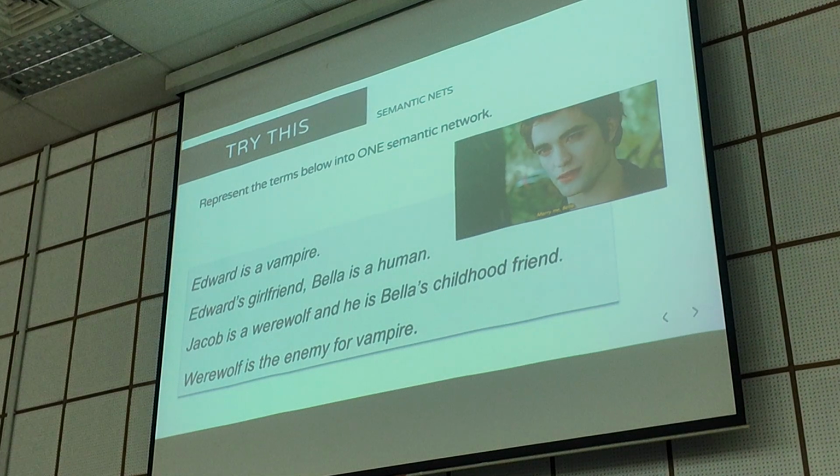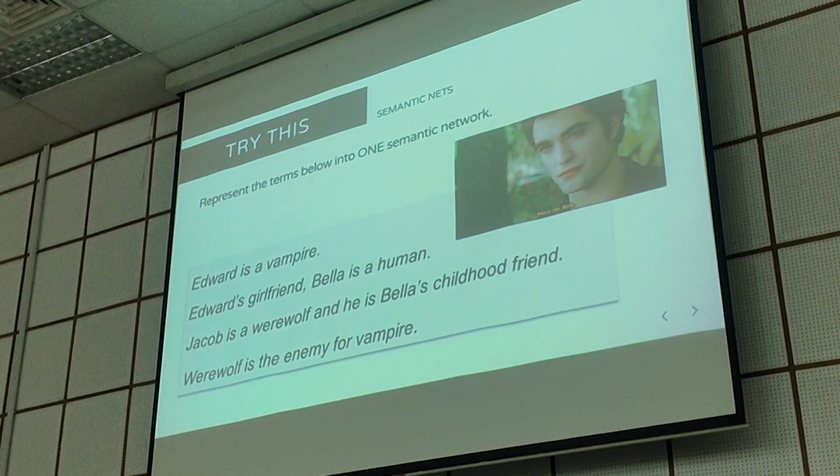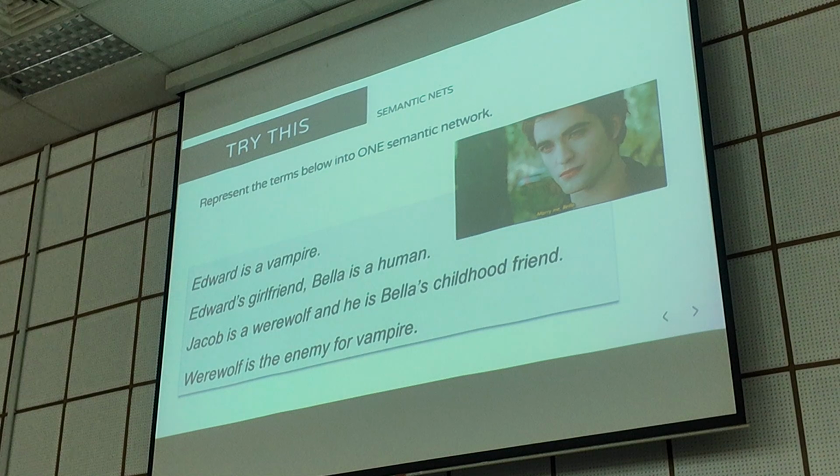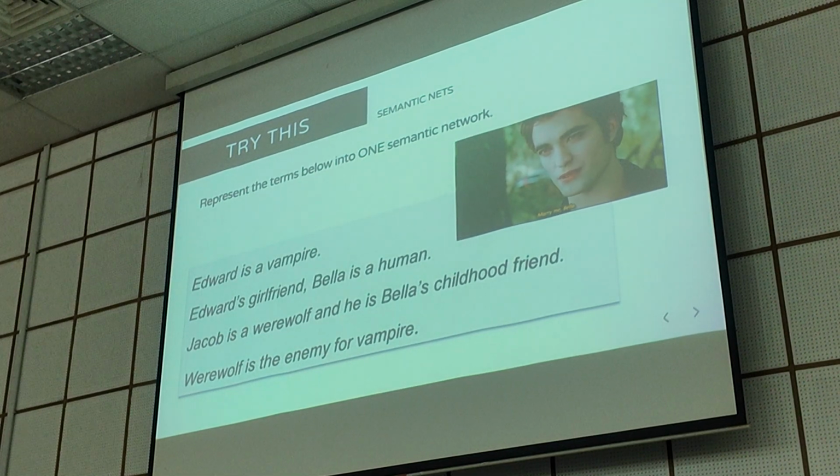Okay, so we will always start with the first sentence. Edward is a vampire, right? We just throw in Edward. So we have a second concept here, vampire. So what is the relationship between Edward and the vampire? Edward is a subclass of, Edward is an example.